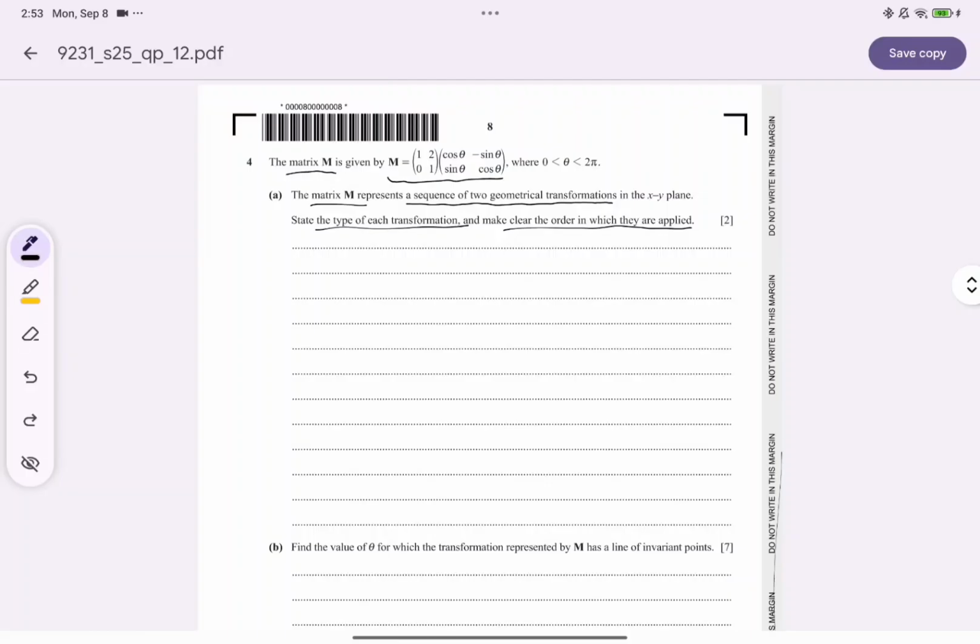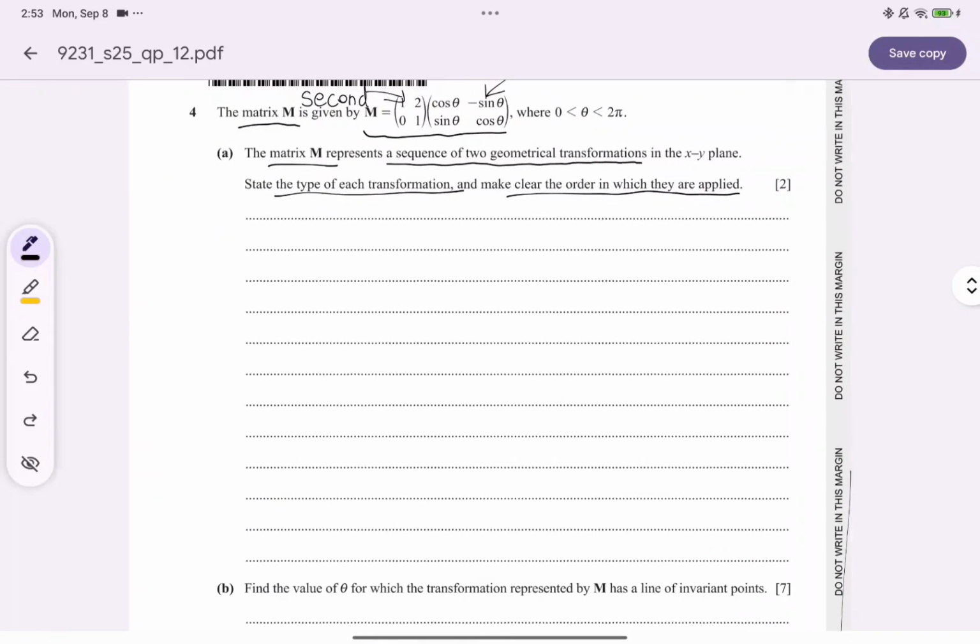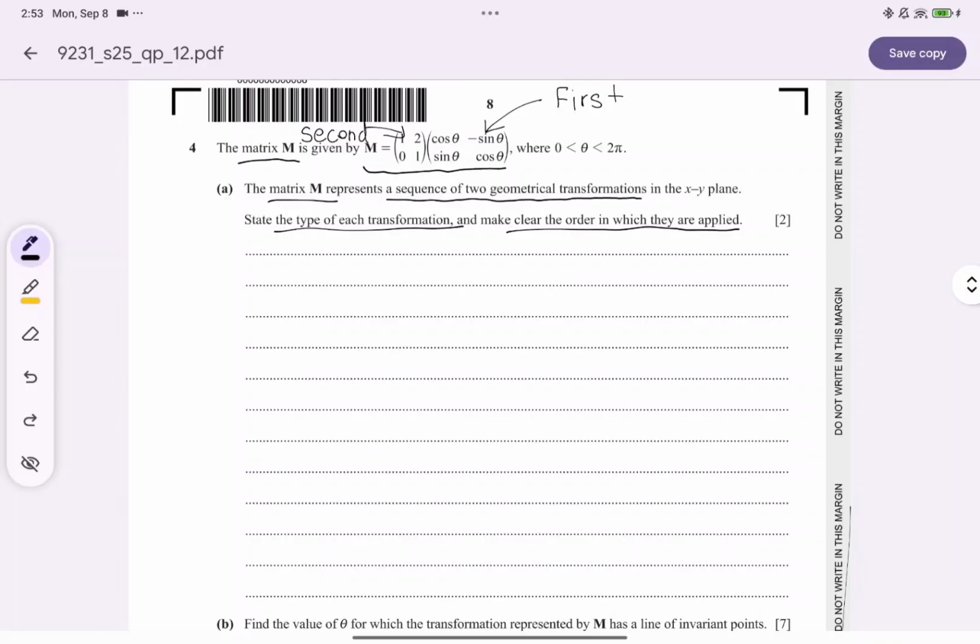in order to do this, we have to know that when we're given a product of two matrices, the one on the right hand side is applied first, followed by the one on the left hand side, the second one. So it's always the one on the right hand side followed by the one on the left hand side. So the first transformation is represented by this matrix, cosine theta, minus sine theta, sine theta, cosine theta.